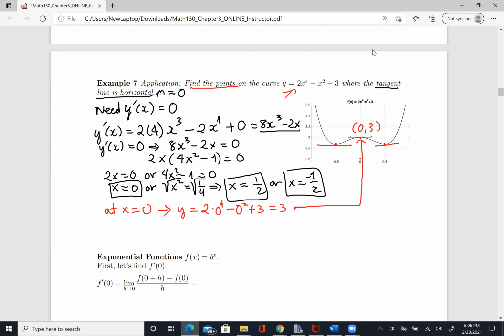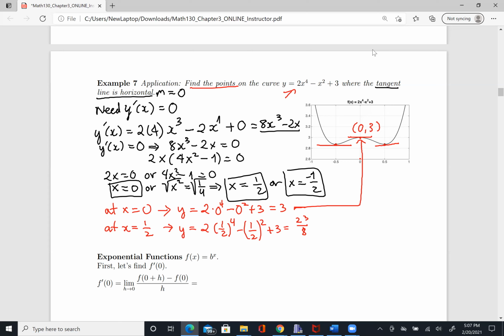Okay, what else? At x equal to 1/2, I will have y equal to 2 times 1/2 to the power 4 minus 1/2 squared plus 3, equal to, let me use a calculator. You actually get 23 over 8 for this one.